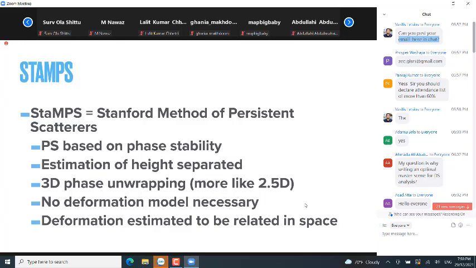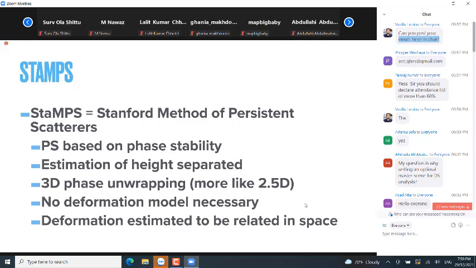However, if you're looking at volcanoes and the motion and deformation of volcanoes, they're related in space. So the volcano has the uplift on one side, or the magma coming into the magma chamber. That chamber is uplifting. That is a deformation that is related in space.